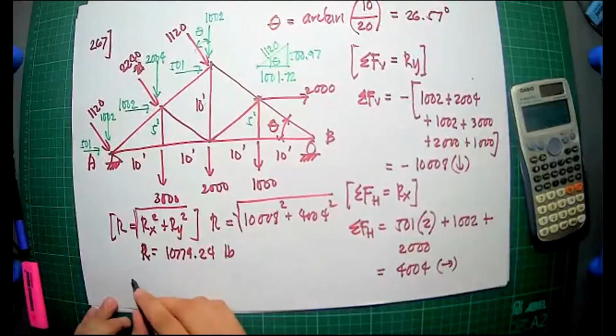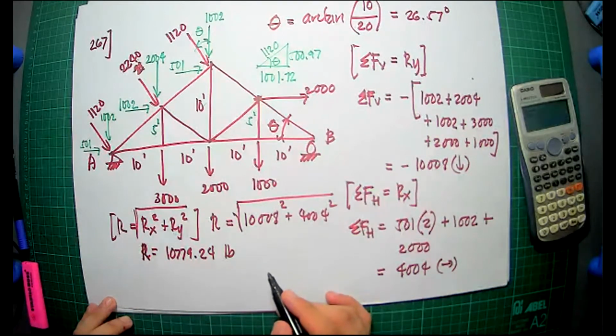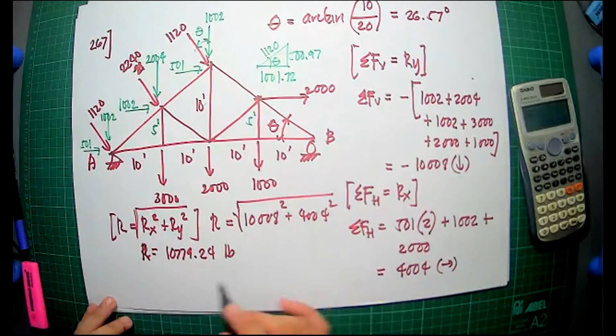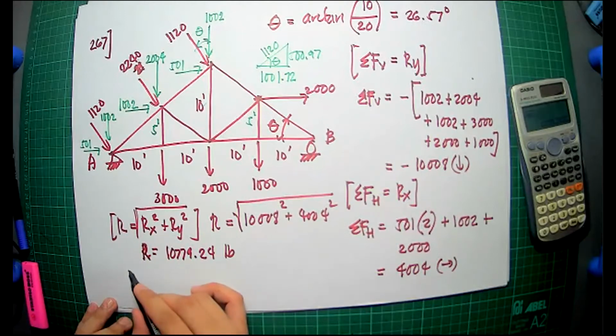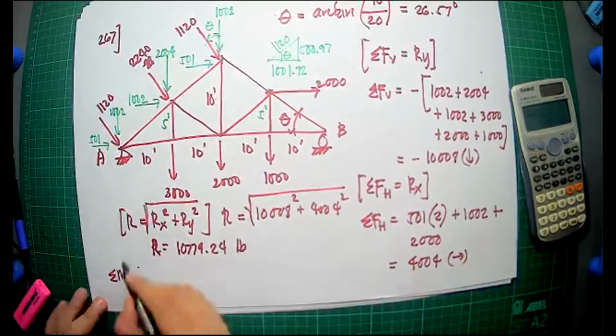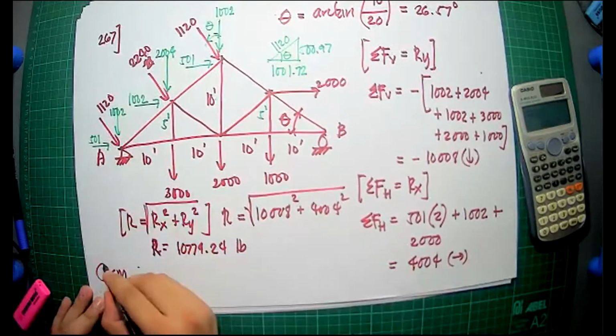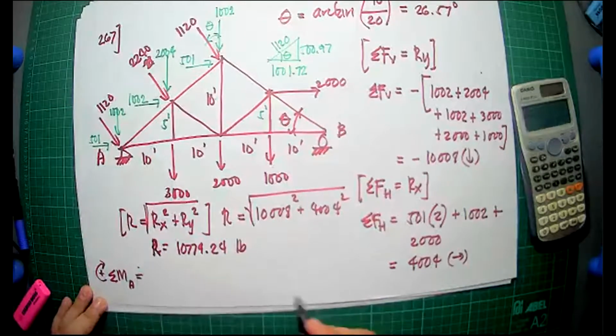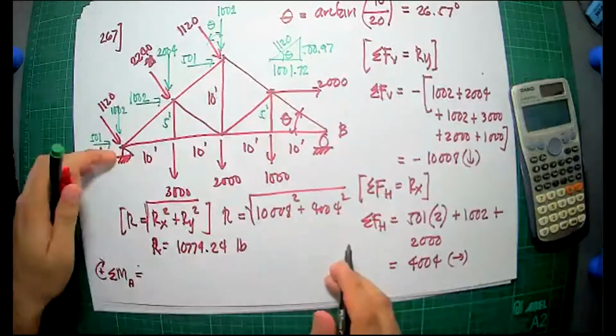So we will know the angle, but I think it is better to get the moment first. The moment at A, considering positive, is equal to the summation of all moments.